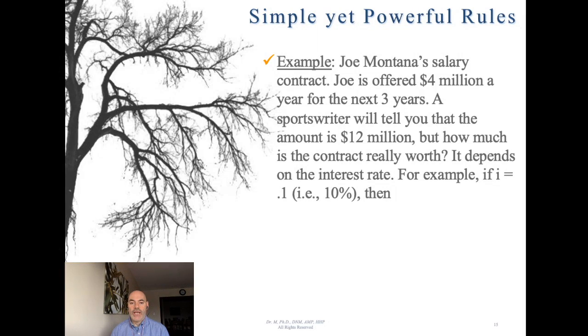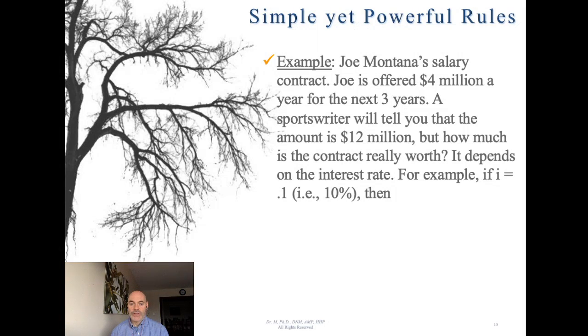Because once you take $4 million that is paid 1 year from now and discount it to present value, it's no longer $4 million. Once you take $4 million that is available 2 years from now and discount it to present value, it would be worth even less.